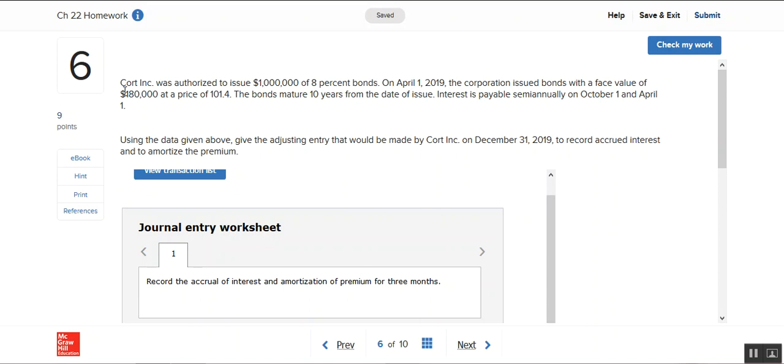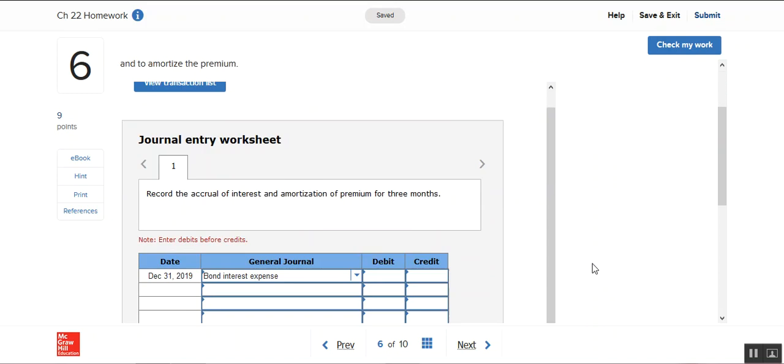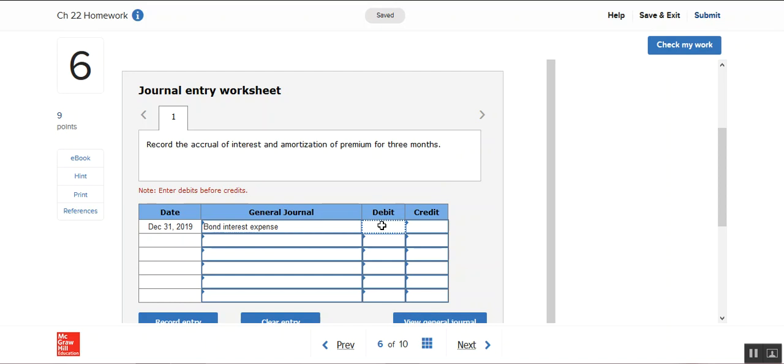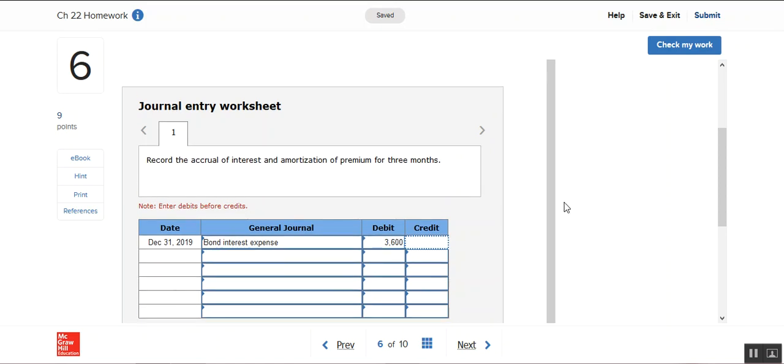So it's $180,000 times 8% times whatever period of time it is, in this case 3 months. 180,000 times 8% is $14,400, times 3/12 is $3,600. So that's the bond interest expense, calculated on the face value of the bonds.